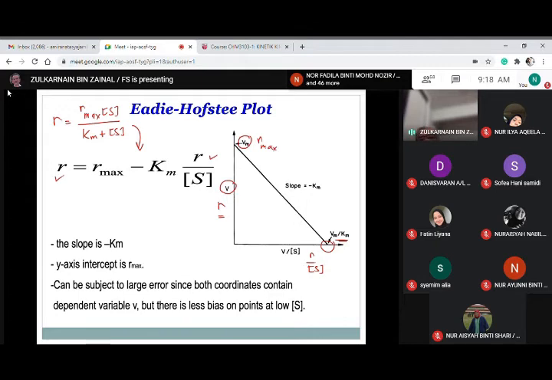You can get the value of Vmax at V over S equal to 0. At V over S equal to 0, the whole term will be 0, so V will be equal to Vmax. So this is another plot that you can use to evaluate the value of Vmax and also the value of Km. Km you can still get from the slope of the graph.